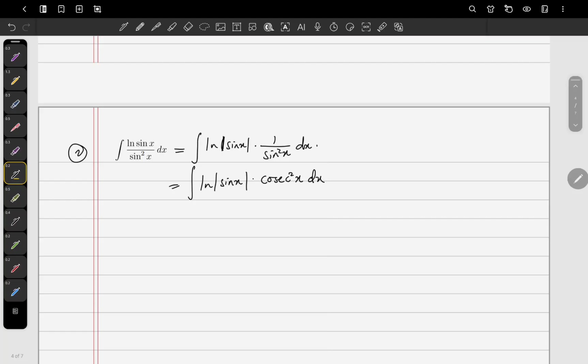When you have the product of two things such that it is easy to differentiate one of them and easy to integrate the other one, it's most likely going to end up being an integration by parts question. And if it is exactly f prime of x times f of x, that one would actually be u substitution. But in this case, it is just the antiderivative of a different function and a derivative of a different function that we have here.